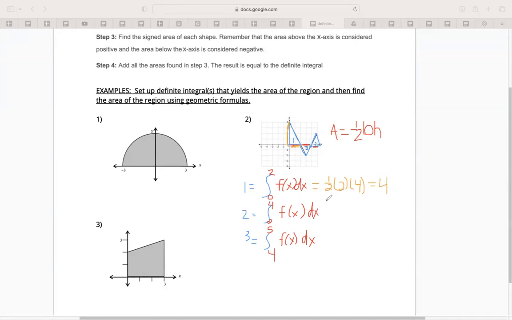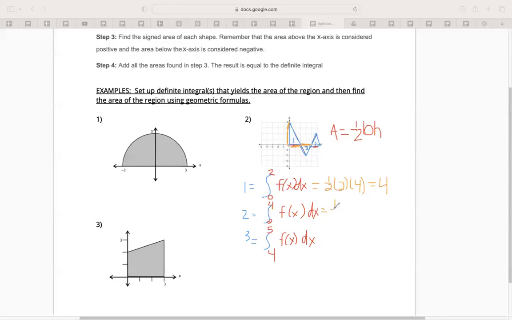Okay, triangle number 2 is where it gets a little bit tricky. As we mentioned in step 3, find the signed area. This shape is upside down, meaning it's underneath of the graph. So the area is going to be negative. You think about it like this. The base is going to be 2 still.